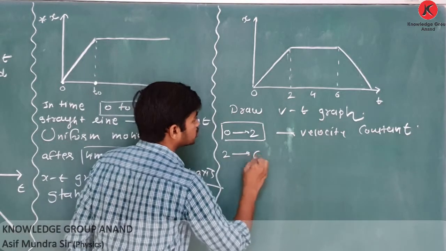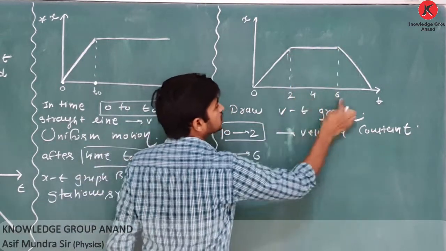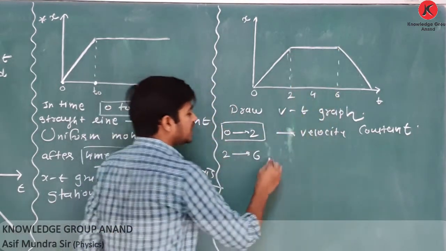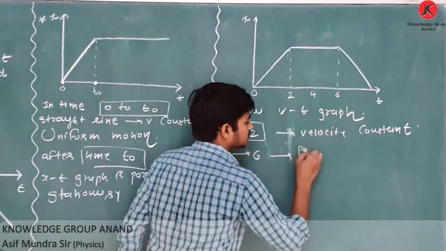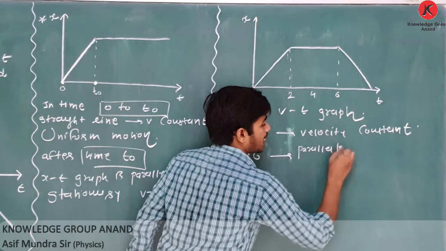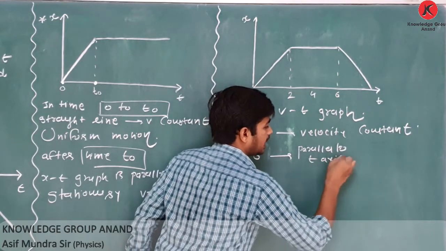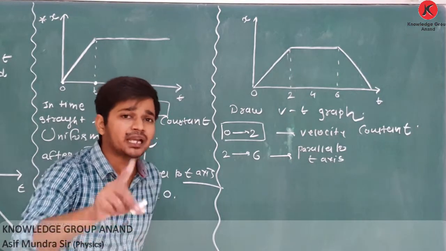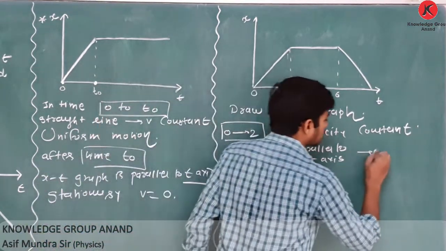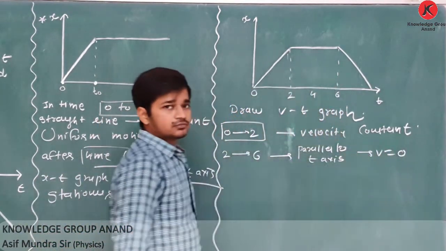From time 2 to 6, this xt graph is parallel to the time axis, and we know that if the xt graph is parallel to the time axis, then its velocity will become 0.